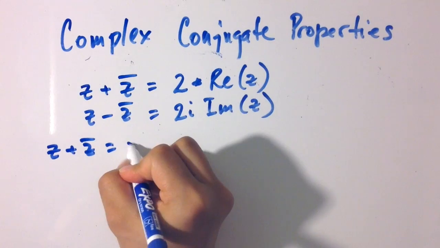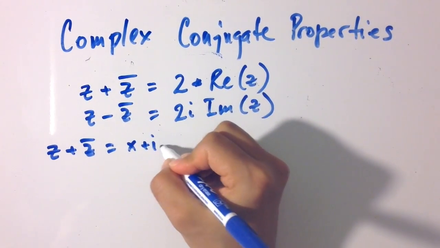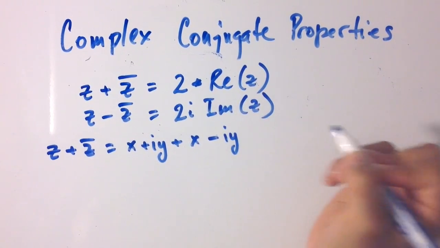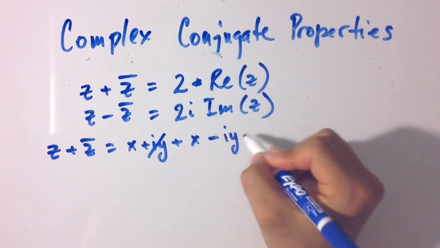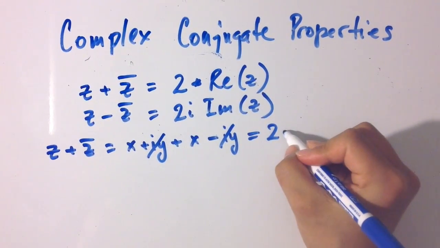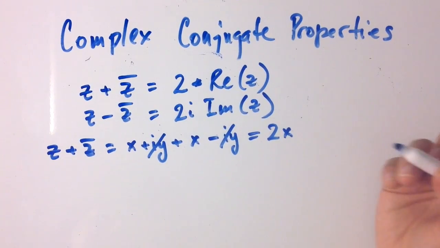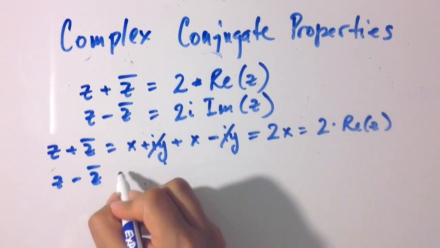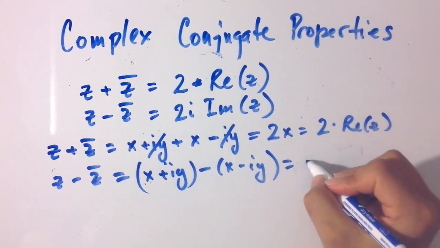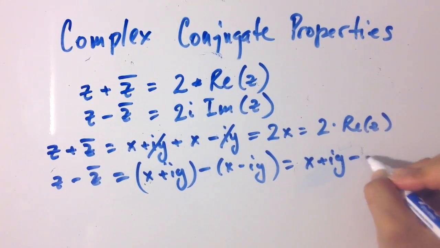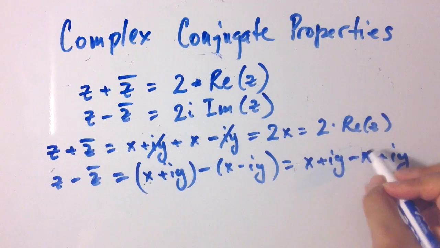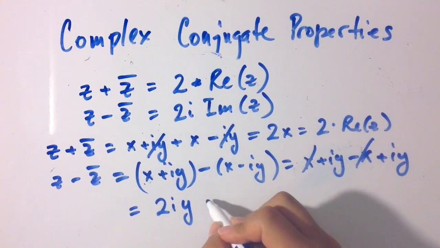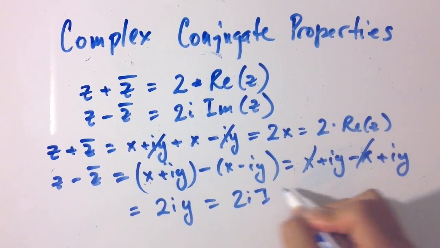If we were to write them out in terms of the imaginary and real parts, we would find that when we add the complex conjugate of z to z, the imaginary parts cancel out and we're just left with 2 times the real part. And when we subtract the complex conjugate, if we write it out in this case, we will find that this time the real parts cancel out and we are left with 2i times the imaginary part.